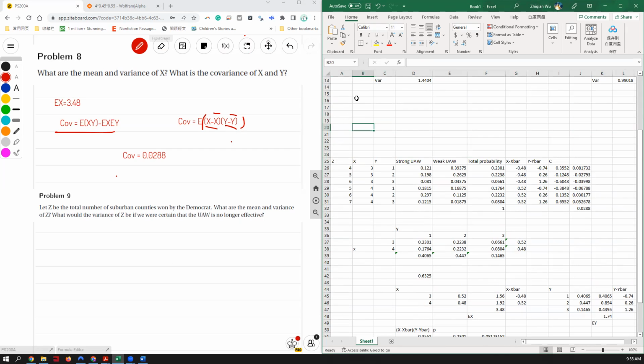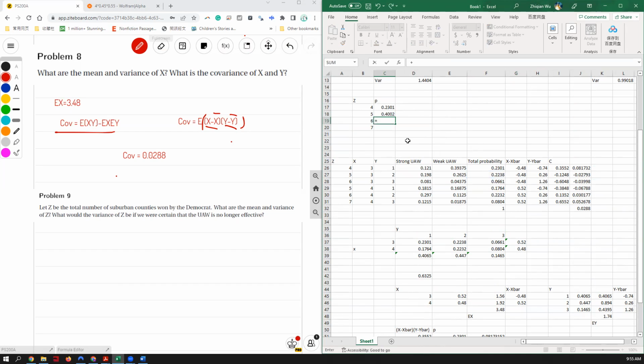Okay, so let's do Z, and we have 4, 5, 6, 7. So these are the possible values, and the probability of 4 looks like it is just that probability, right? This is the probability for 4. And then the 5 one is going to be this probability plus this probability, right?